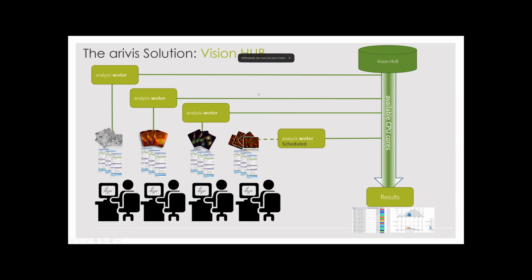So if all the computational capacity is used by these 3 users, this user schedules his jobs, it waits, and then as soon as some computational capacity opens up, those jobs will start running through the Vision Hub and be applied to the new free computational capacity available. What it allows you to do is, as I said before, parallelize this process in a way that you can get from your images to your results much faster than in a traditional sequential batch process.